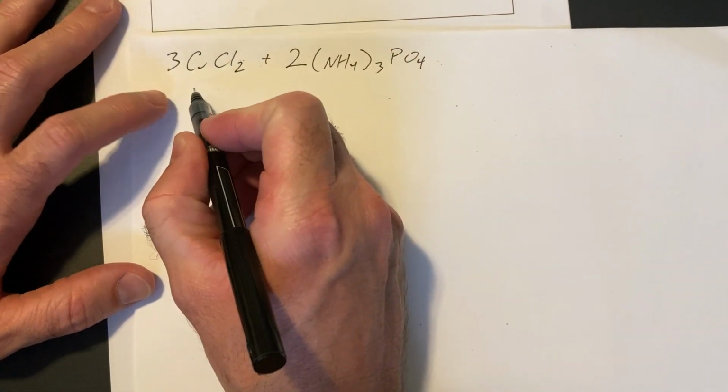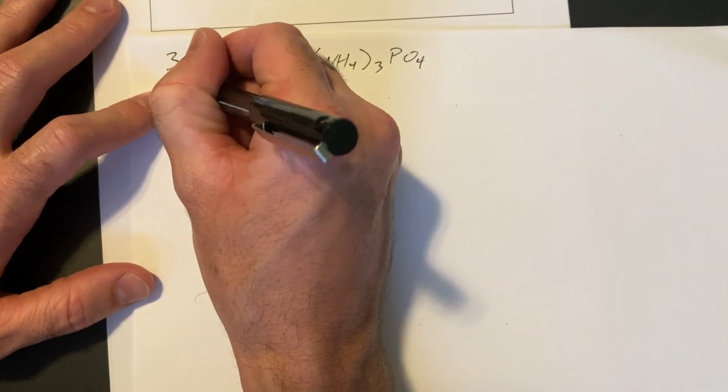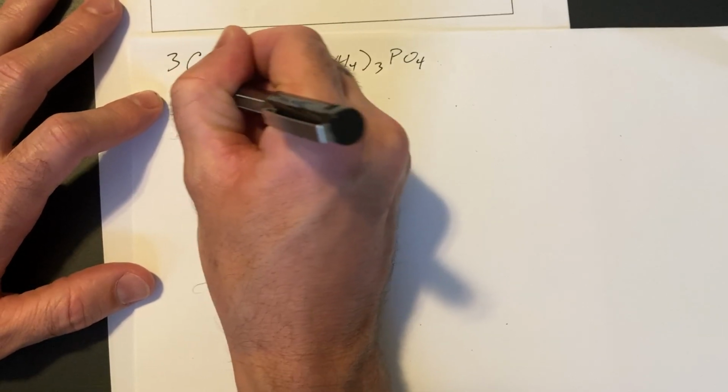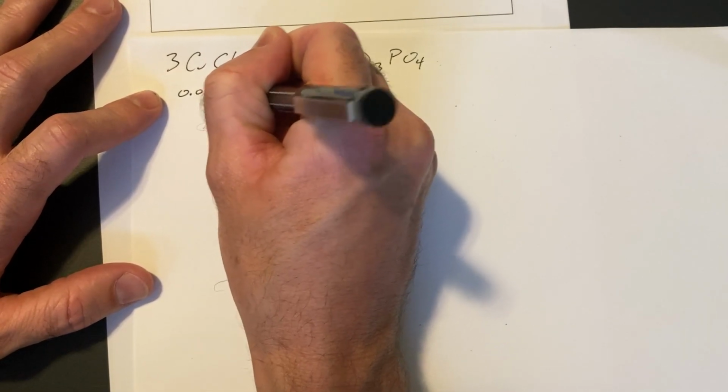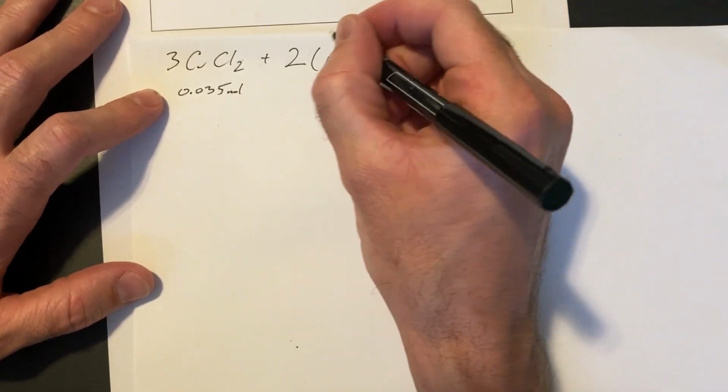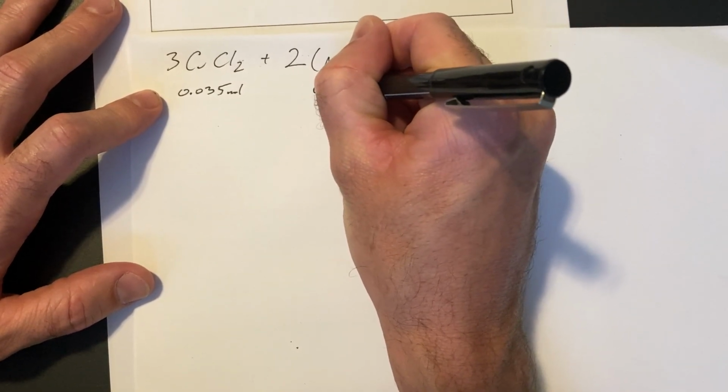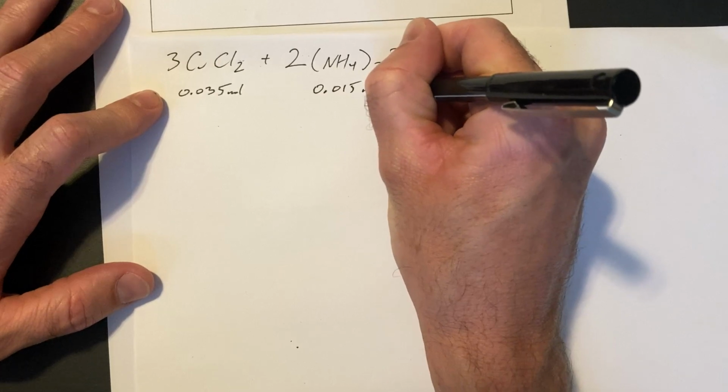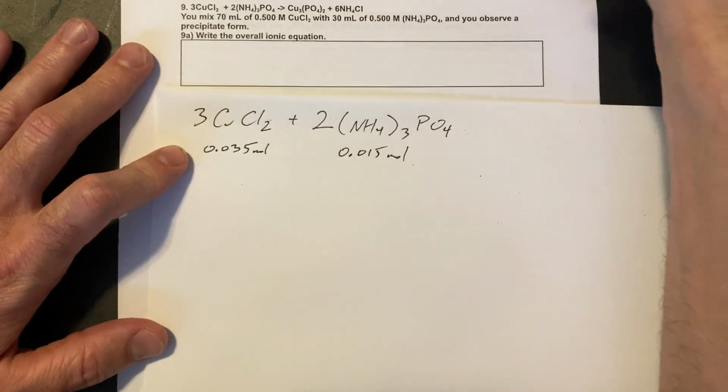And just as a reminder, I'm going to write the moles of each one underneath. So we calculated that we had 0.035 moles of this one, and 0.015 moles of this one.